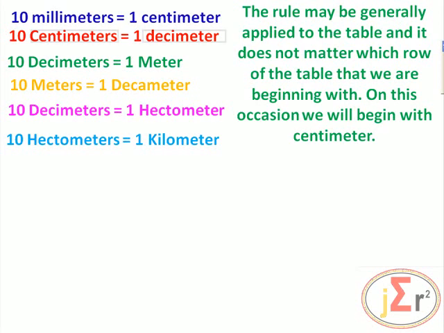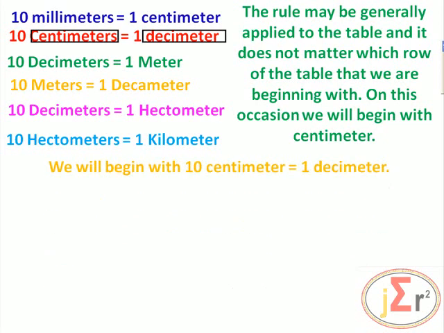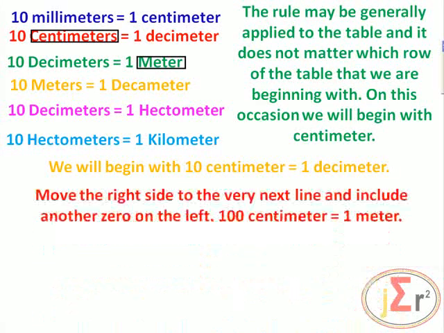So we will begin with centimeter. 10 centimeters, 1 decimeter. And if we move this one down, we will have 100 centimeters is equal to 1 meter. And if we move further down, we have what? 1,000 centimeters equal to 1 decameter.